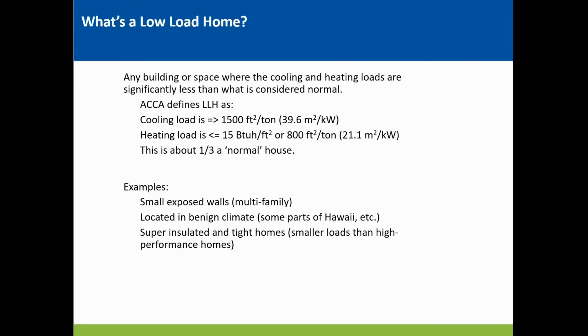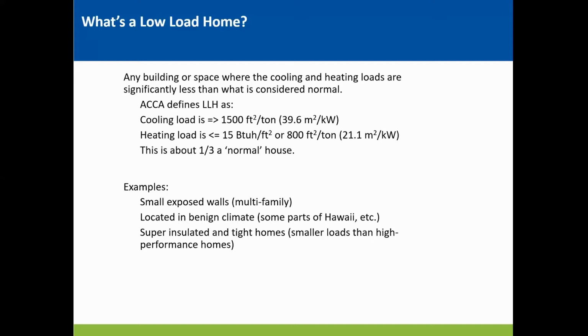They came up with some proxies for what a low load home is. Basically, it's significantly less load than what today is considered a normal house. Our typical house today is 500 square feet per ton. That is improving because of building codes and better insulation. A very high performance home is in the neighborhood of 800 to 1,000 square feet per ton in cooling, and a low load home can be as much as 1,500 square feet per ton.